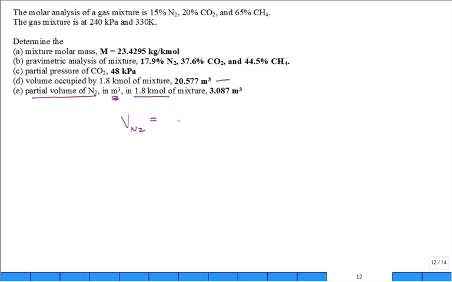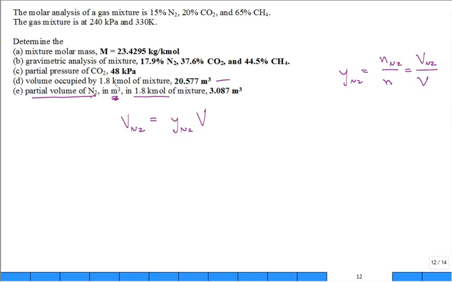Yep. So the mole fraction of the nitrogen, which is defined as the amount of nitrogen divided by the total number of moles of the mixture, is equal to the partial volume of the nitrogen divided by the total volume. Volume fractions and mole fractions are equivalent in ideal gas mixtures. So you just multiply the mole fraction times the total volume.